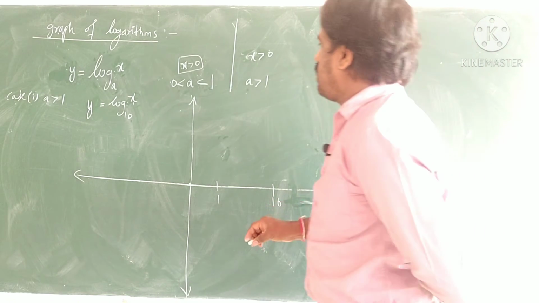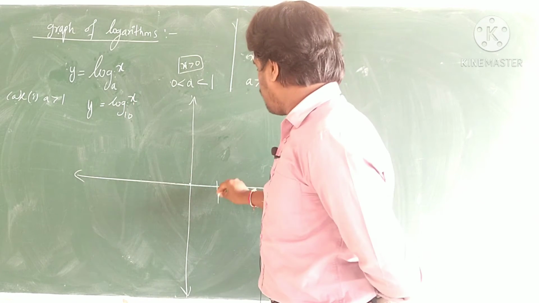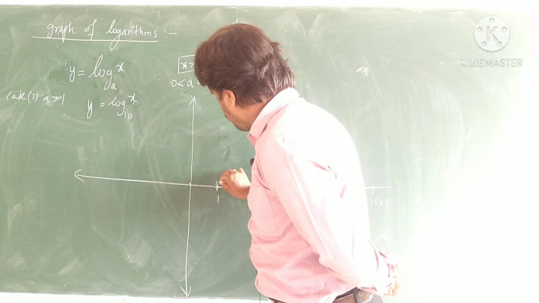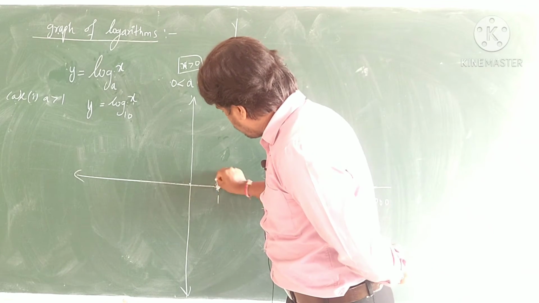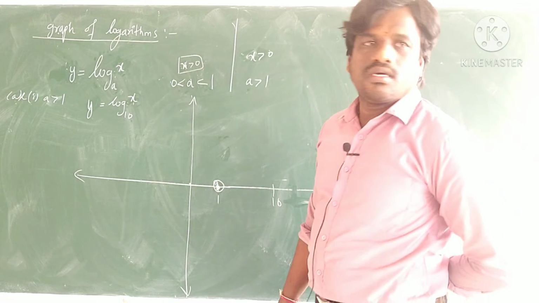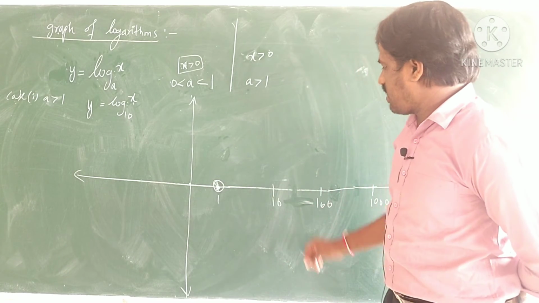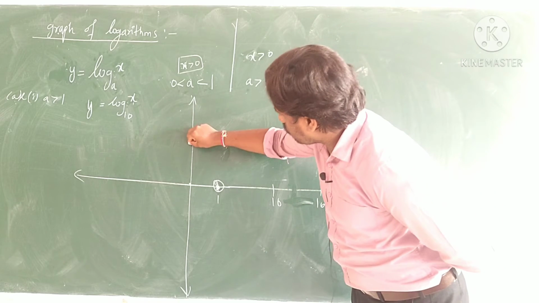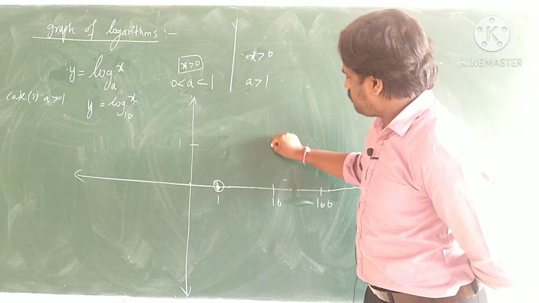If I put 1 in the place of x, what output will I get? 0. So I get 0 here, this is the point. Now in the place of x, I keep 10. If I keep 10, what will I get? 1. So somewhere here it is 1.